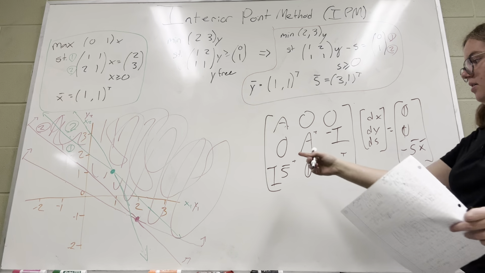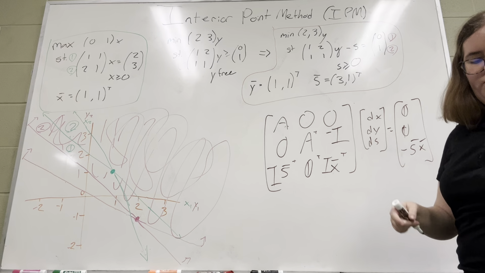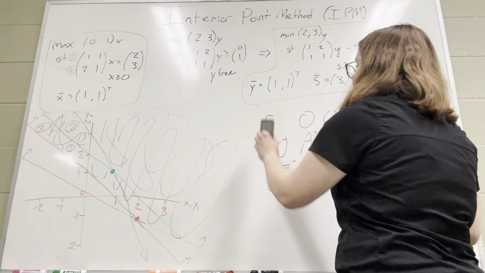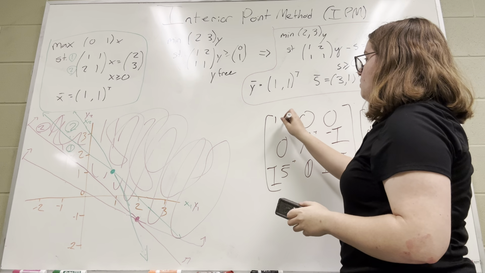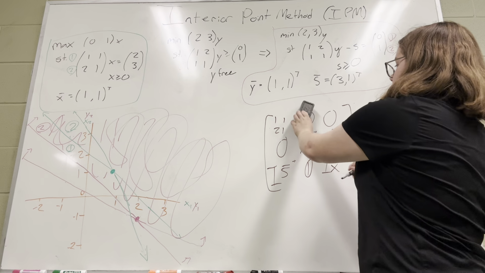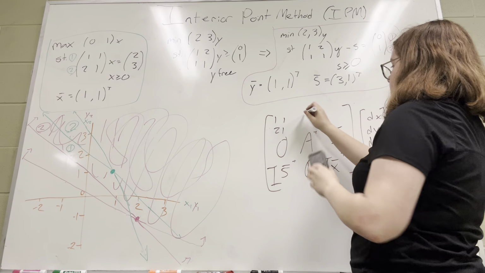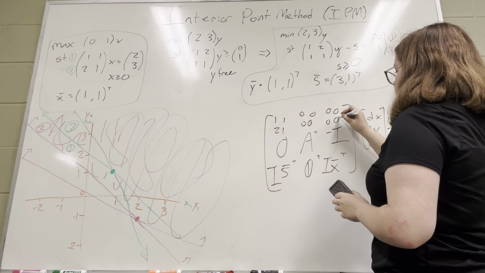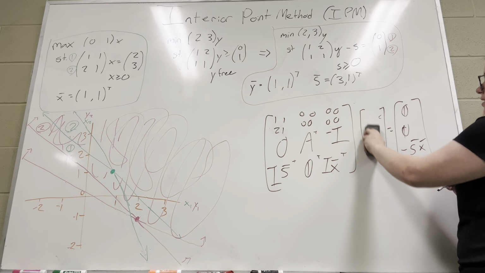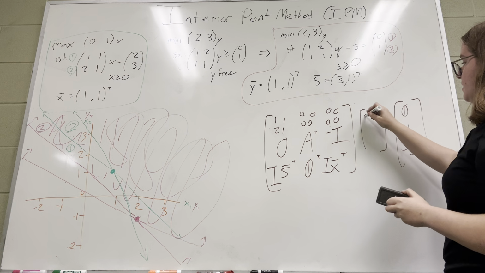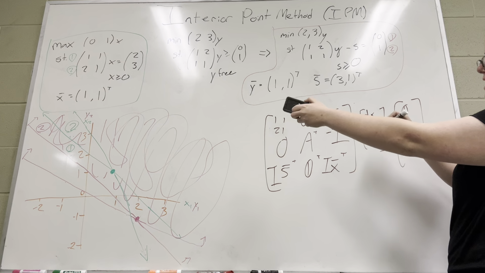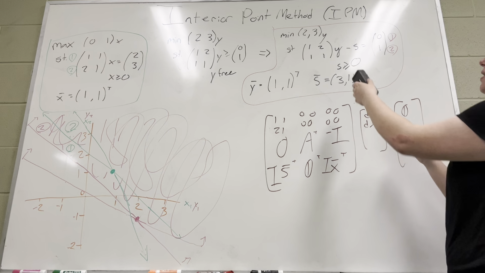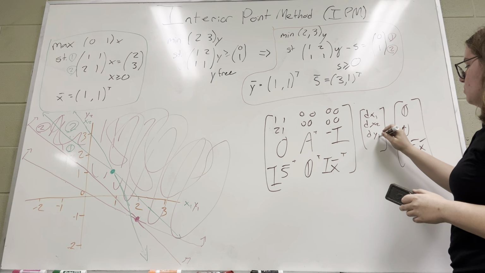So now we're just going to fill in all these things with the work we did before. So I'm going to fill in, okay, A, well my A over there is 1, 1, 2, 1, and these are all zeros, so I'm just going to put 0, 0, 0, 0, 0, 0, 0. And remember, we have two of these each because I have two variables for my x. So I have dx1 and dx2. And I have two variables for y, so I have dy1 and dy2.